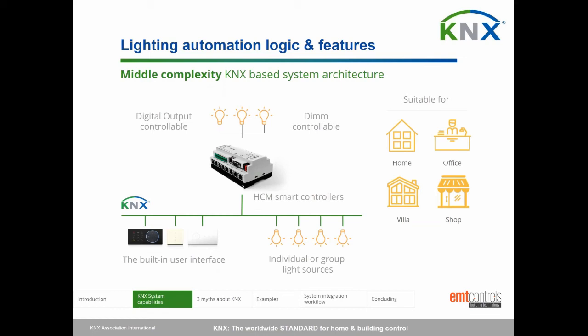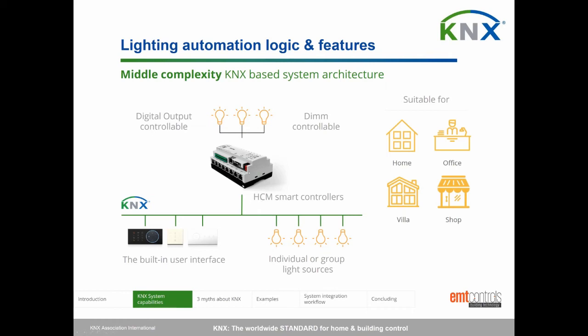Let's take a look at level 2 of lighting automation system complexity, which includes the smart controller. It is the main device which provides more flexible system logic and more connectivity. The smart controller, which we call RCM series, is the brain of the automation system. It receives requests from the user interfaces and gives commands to them as messages.